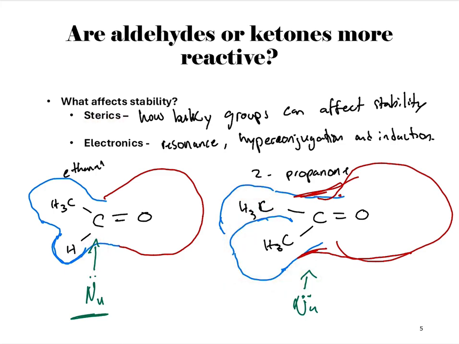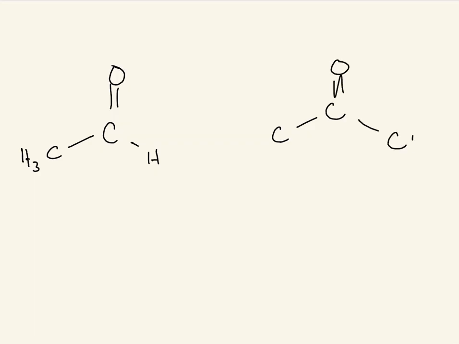The other thing we said is that we have the hyperconjugation effect, and so we can think about this. Again, we'll just take a second to review what the hyperconjugation was. If we have an aldehyde and H3C like this versus a ketone, CH3, so the same two ketones here, we know that there is a partial positive charge on this carbon because the oxygen is pulling a lot of electron density away.